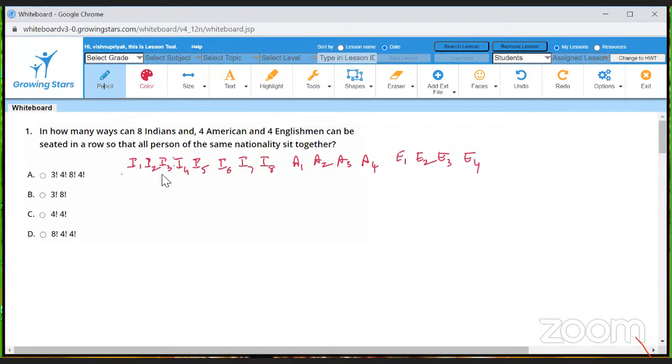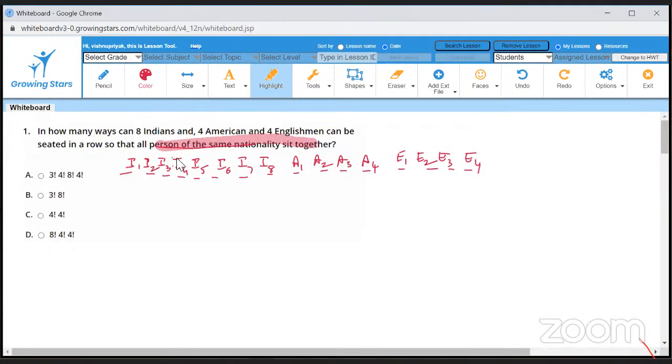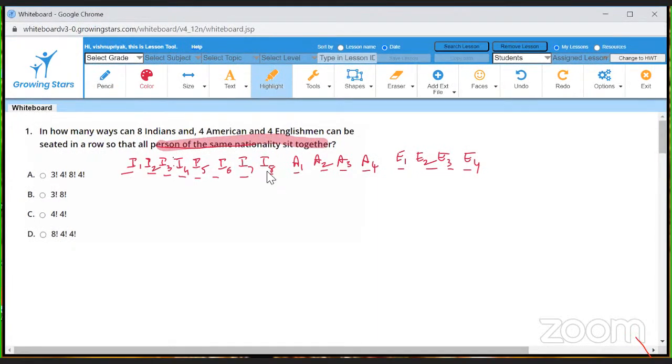So the places are already given like this. They are sitting in their places, because what is the condition? Persons of the same nationality sit together. All the Indians are sitting together, all Americans together, all Englishmen together. So already I have arranged them in that way.